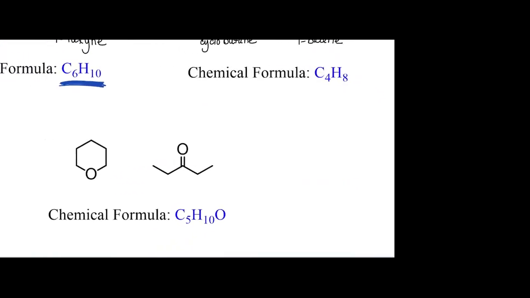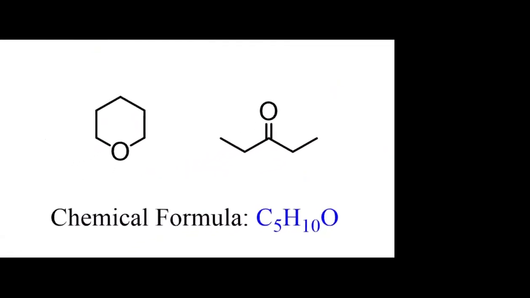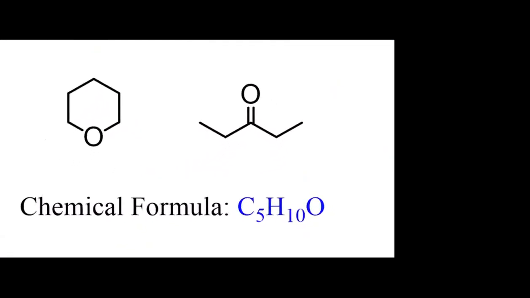Let's look at one more example. Now, this is back from when we started chapter 4. What is the functional group that we have on the left? What is that functional group? Let me write in the carbons and hydrogens so you guys see them. This is CH2, CH2, CH2, CH2, CH2.